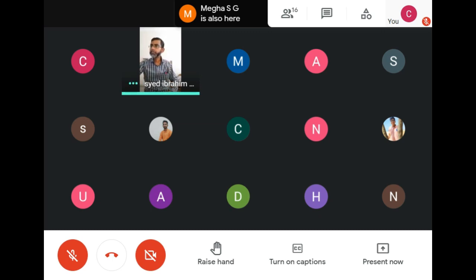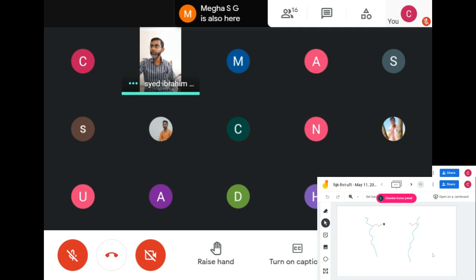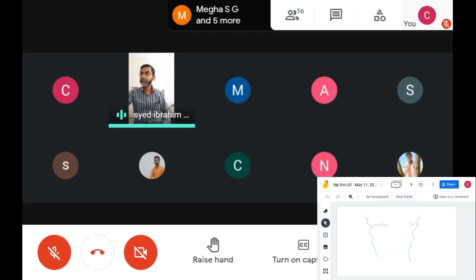Check this whiteboard. I have one polypeptide running like this, another running like this, with one cysteine here and another cysteine here. What will happen if they come closer? It can make a disulfide bond, so that the polypeptides will come closer.